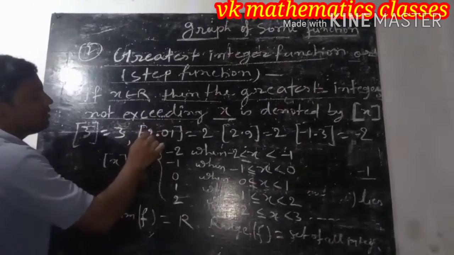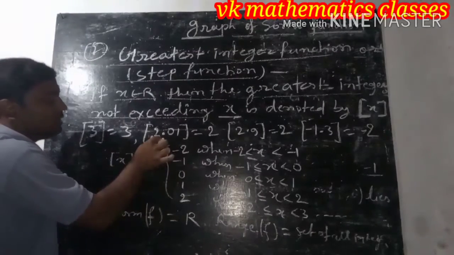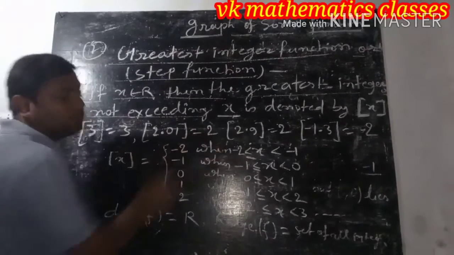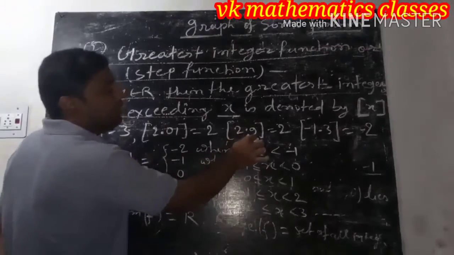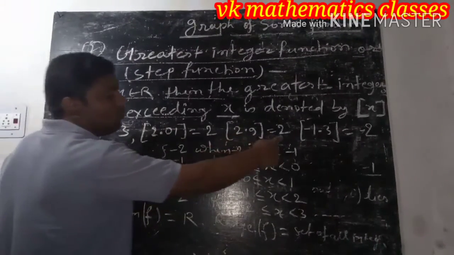If we take 2.01, the greatest integer is 2, so this is equal to 2. For 2.9, the greatest integer is 2, so this is equal to 2.